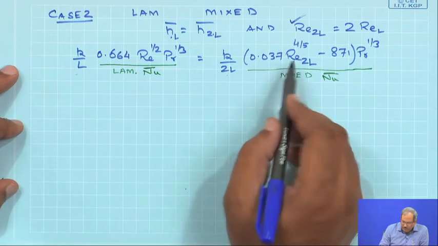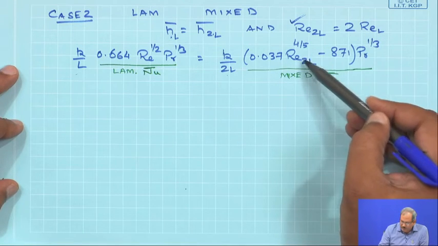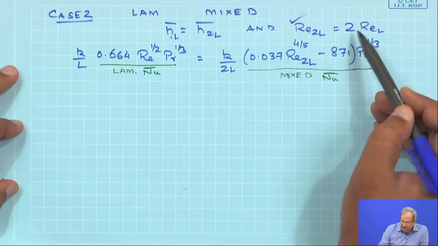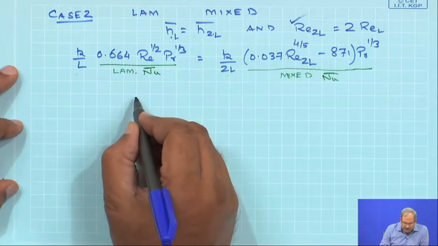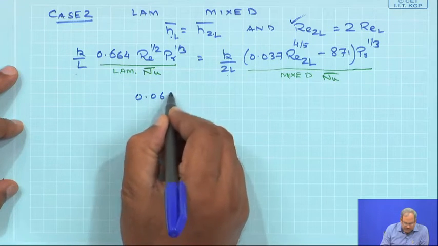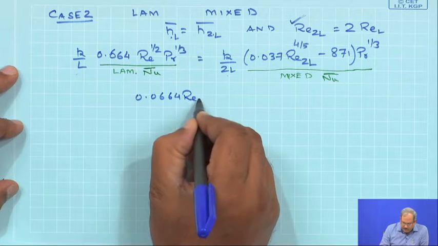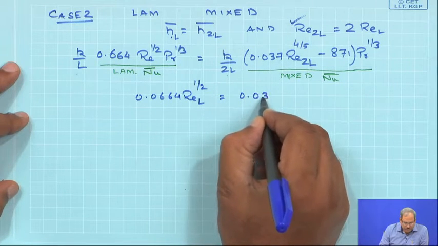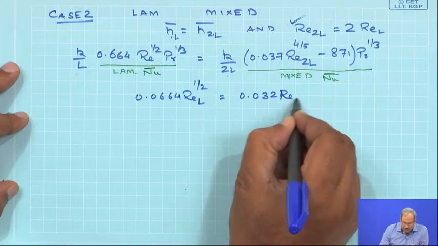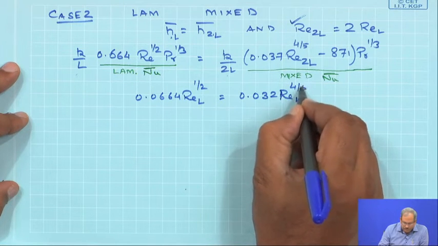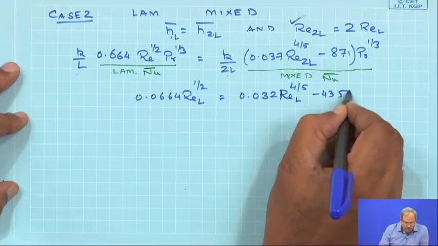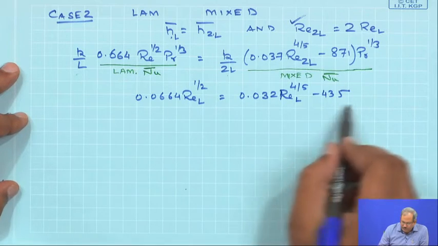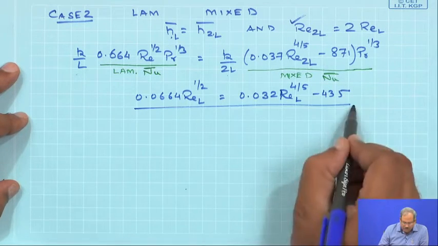Once you put this Re_2L to be equal to twice of Re_L and simplify, the result comes to be 664. Okay. So, this is the relation which you obtain from there.